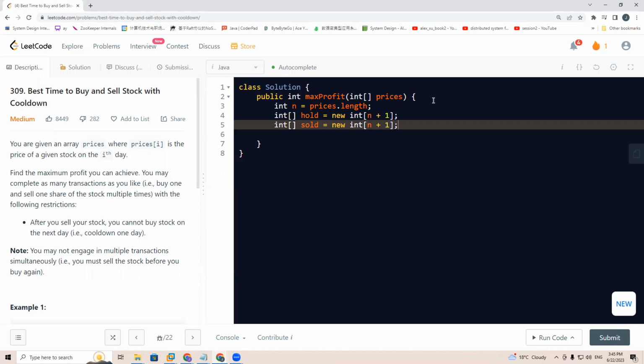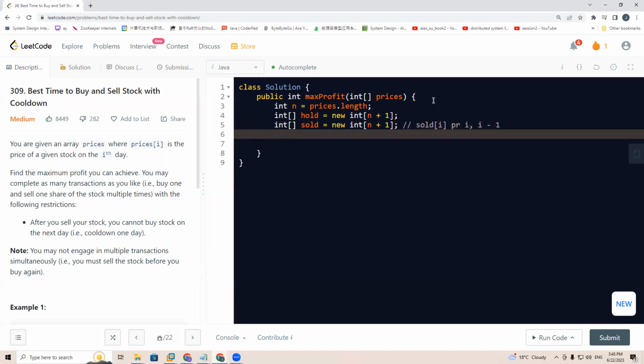That means we don't have a stock on hand for the previous day i, the maximum profit if we don't have a stock on hand.